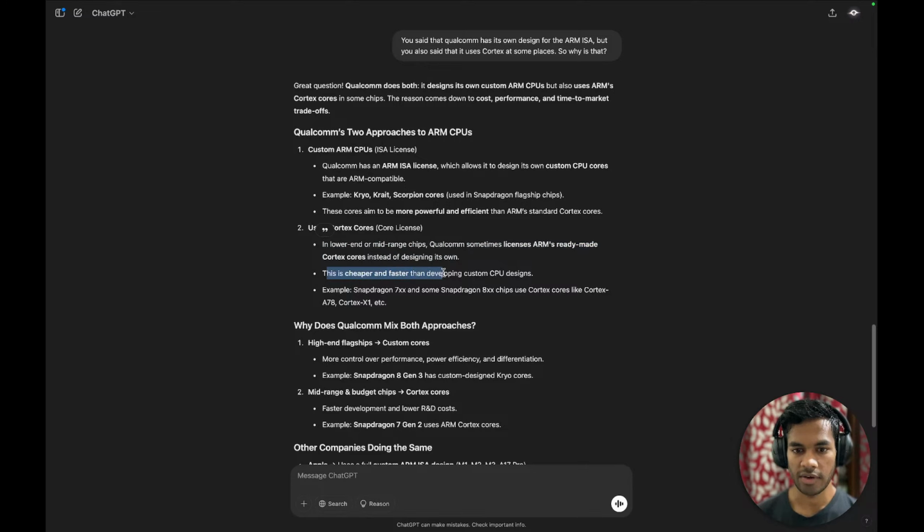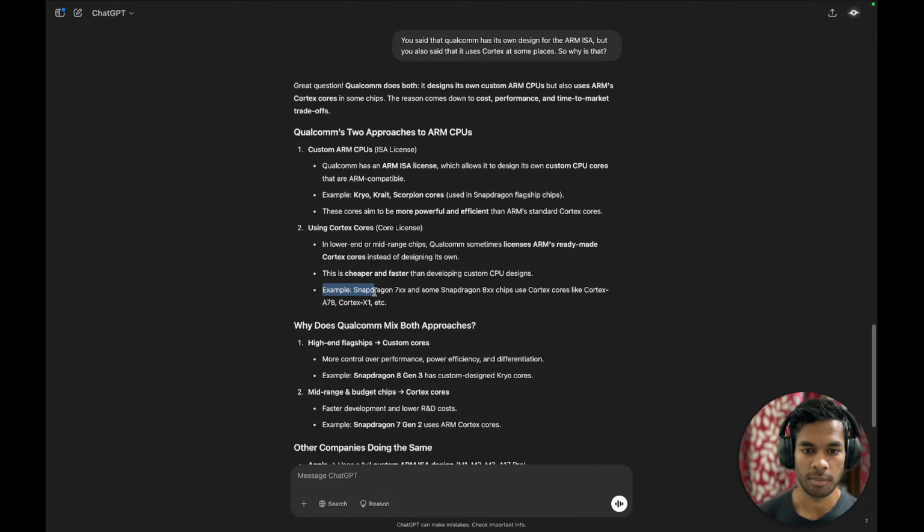This is cheaper and faster than developing custom CPU designs, because you have to maintain your CPU design with the running ARM ISA, and that takes money and effort. Instead, you can just take the design that they are offering, which is already compatible with their latest ISA.